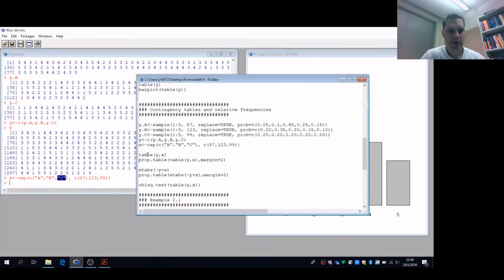What we can now use this table for is this: the Y variable has 5 categories and the X variable has 3 categories. We could call this a 5 times 3 frequency table. We could also call it a 3 times 5 frequency table.